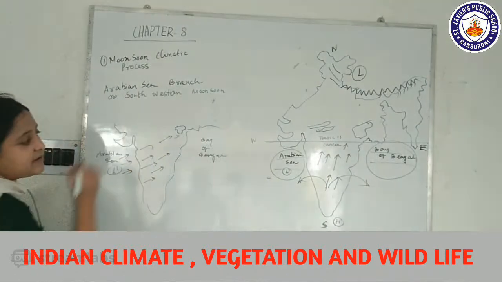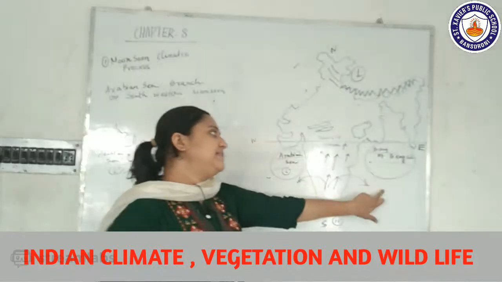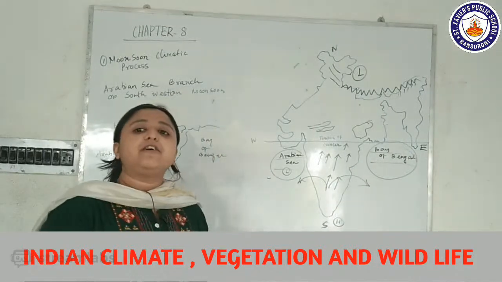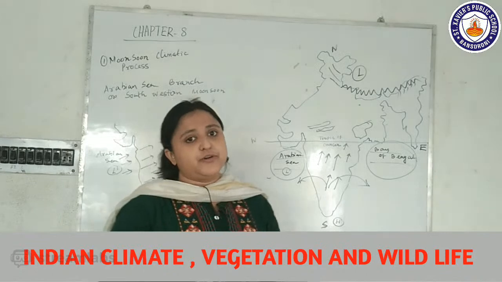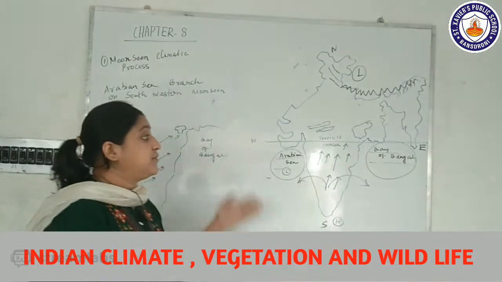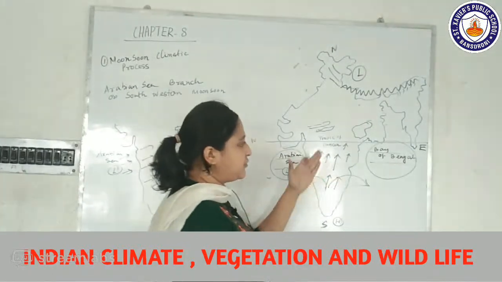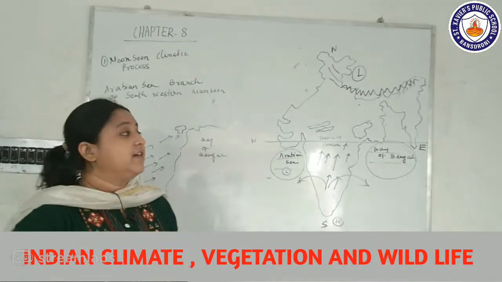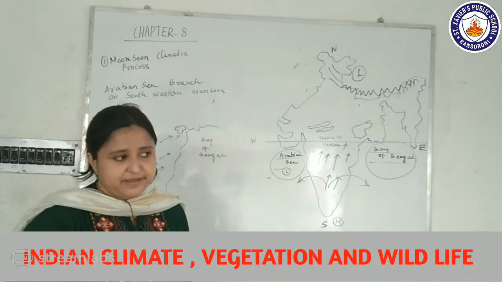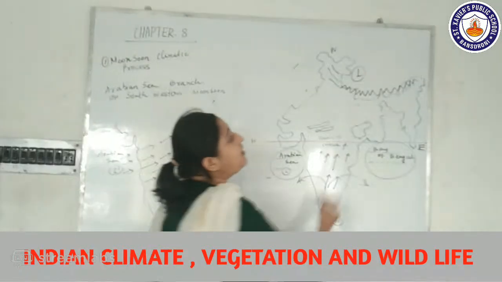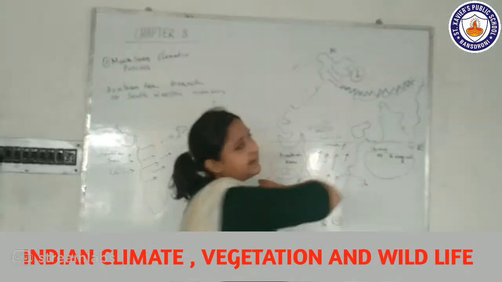And what about the eastern part of India, the Bay of Bengal branch of monsoon? The Bay of Bengal branch is also known as the southwestern monsoon, right. This branch dominates Kolkata, West Bengal and the whole northeastern side of the Indian subcontinent.